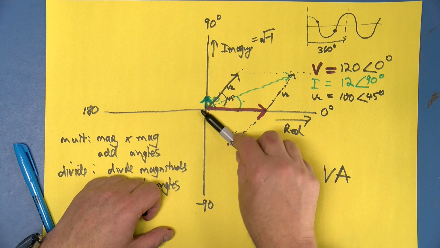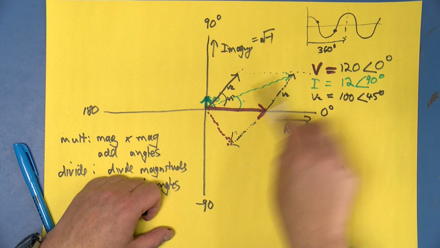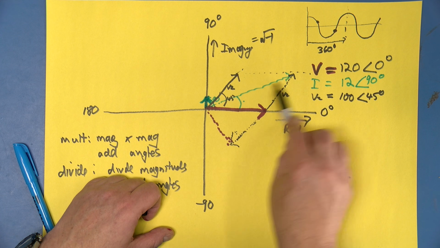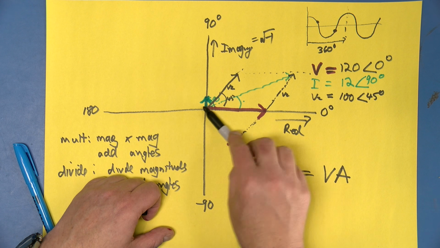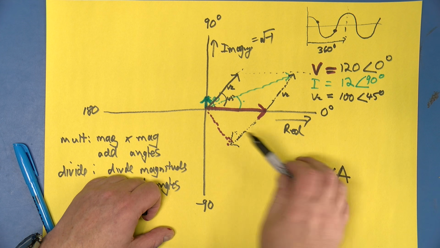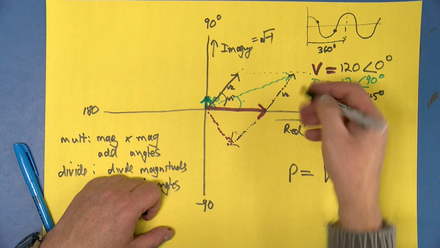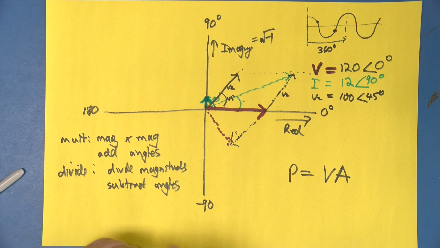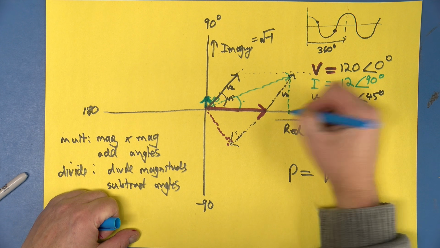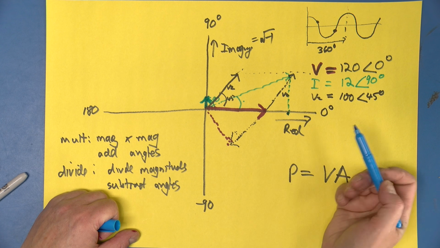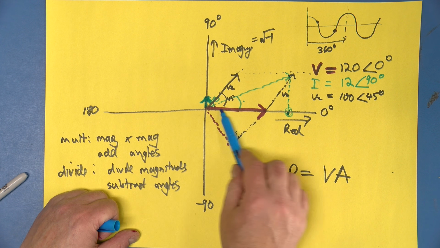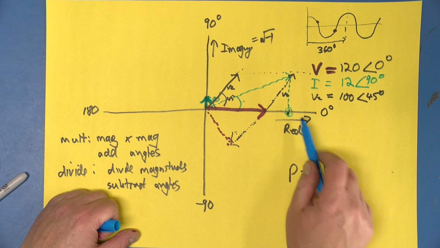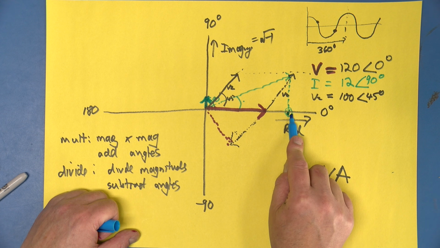And if we were to plot that power on the graph paper, and let's pretend that this blue line is the result of a multiplication like that, well, we can take that blue line and bring it down over here to the real axis, and that point on the real axis, in other words, this length here, is the real power, the actual power that's being delivered to the load.